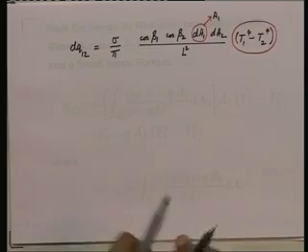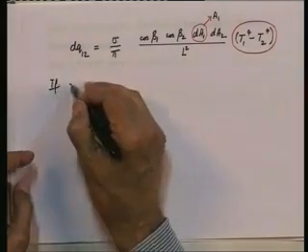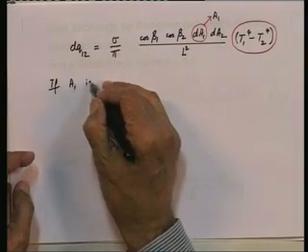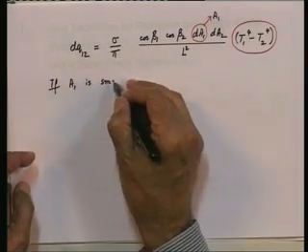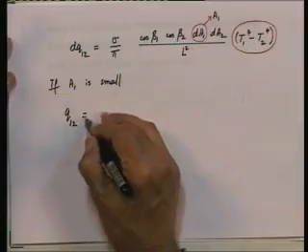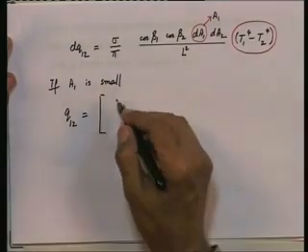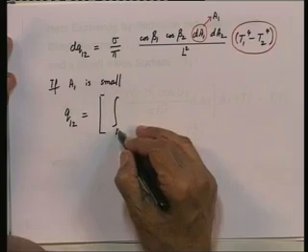So, what do we get now? If A1 is small, I need not perform the integration over A1 and treat dA1 as just A1, and I will simply get q1 to 2 in this case equal to the quantity within the square bracket, which will be the integral over A2.